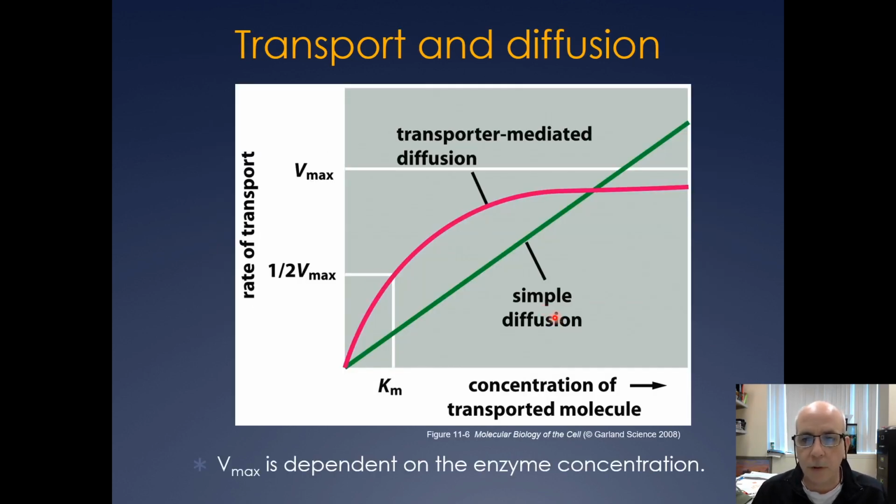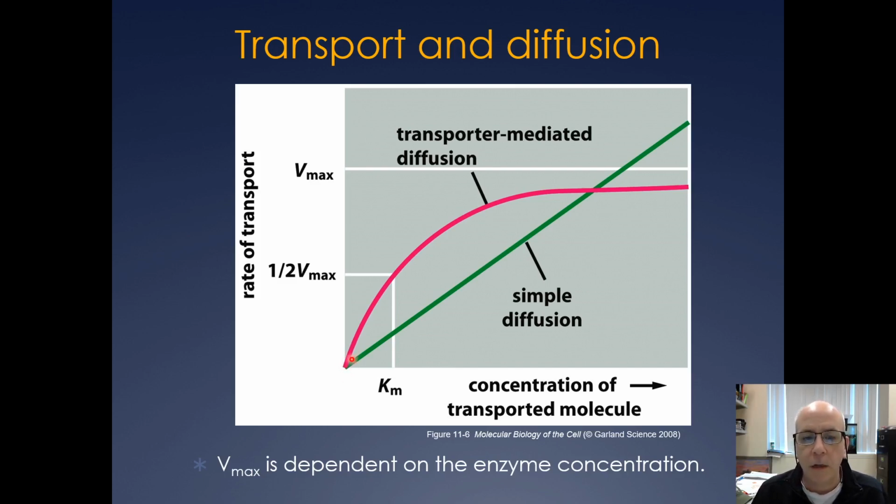And so here's the relationship between transport-mediated diffusion versus simple diffusion. Simple diffusion is just going to be a linear line. As the concentration goes up, the rate of transport will go up as well. However, if you have a transport-mediated process, there's a limited number of molecules there, so it's going to have a rate of reaction, right?